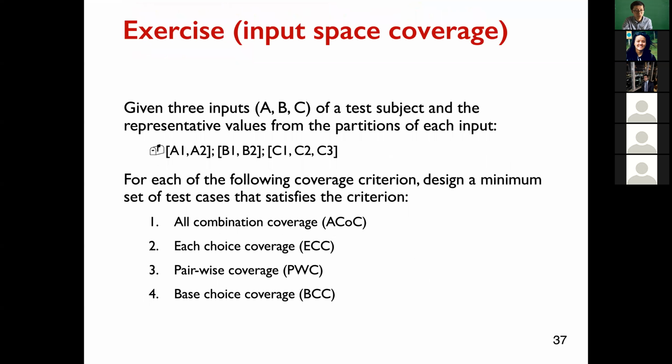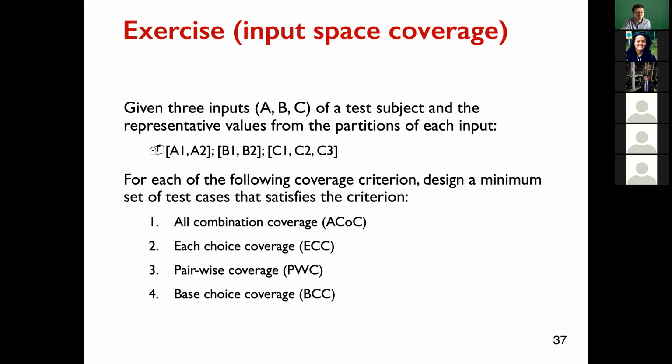So here I want to do an exercise based on input space coverage. In this exercise, we have a program with 3 inputs, A, B and C. And we have the partitions for each input, right?